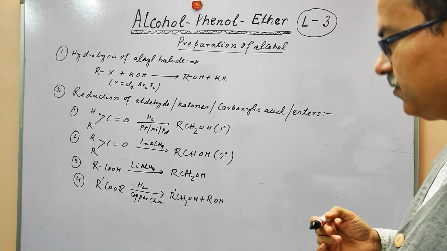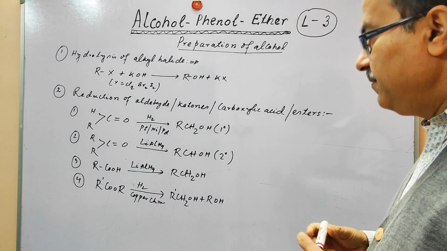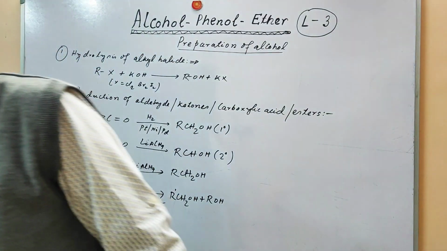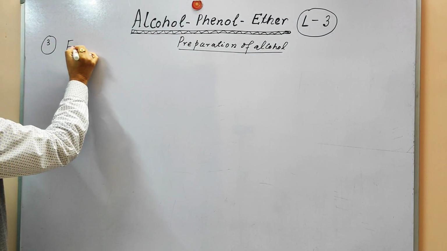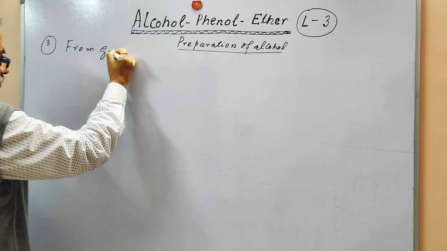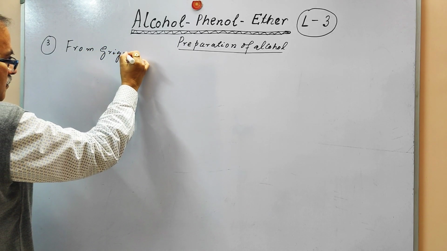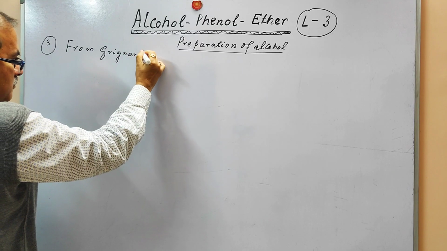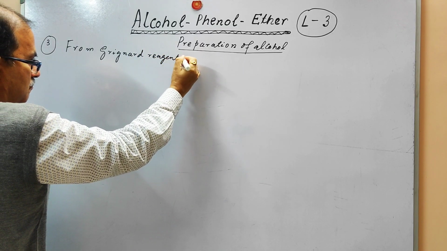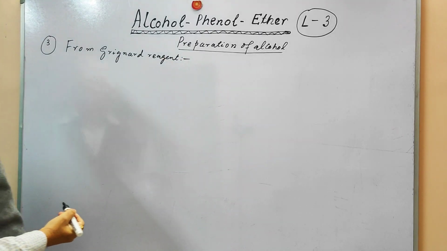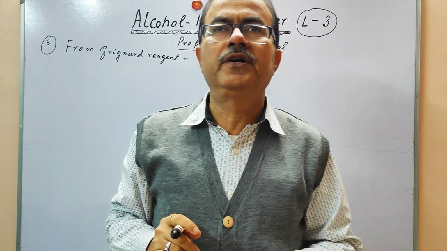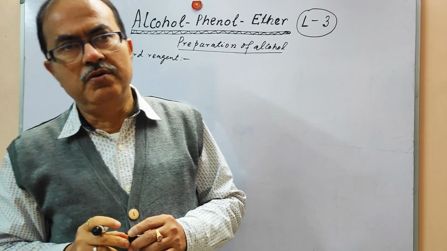Now it is another way that is going to be very, very helpful, that is from the Grignard reagent. We are going to discuss from the Grignard reagent. Grignard reagent, we know, is a very special type of organic compound.